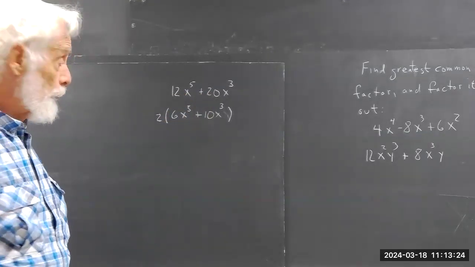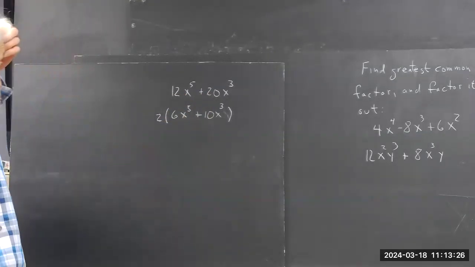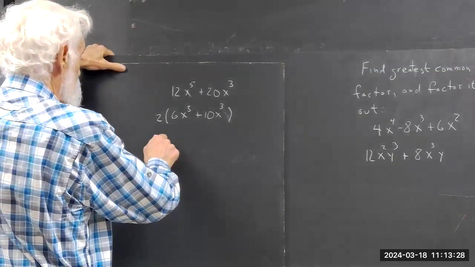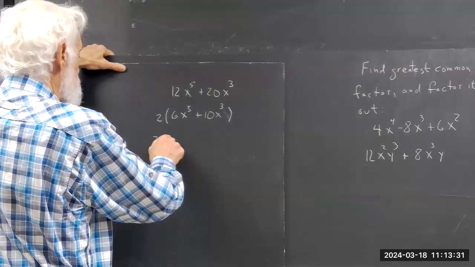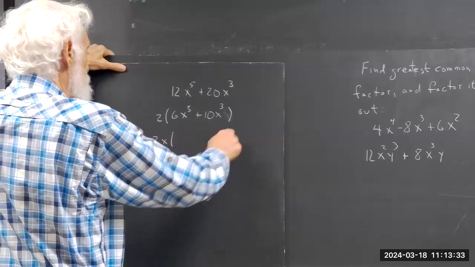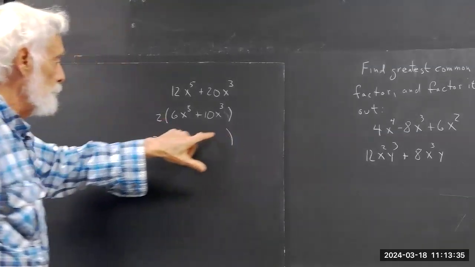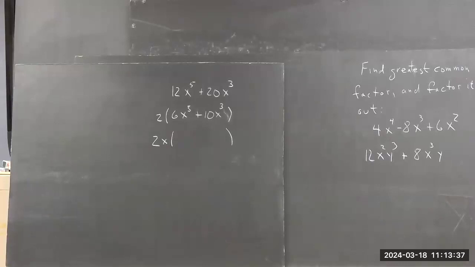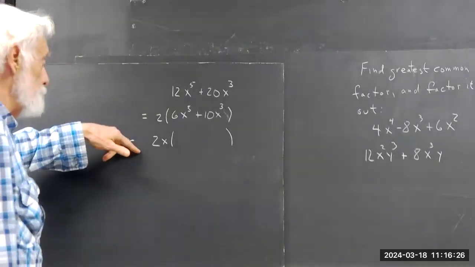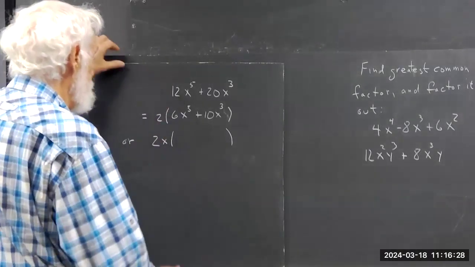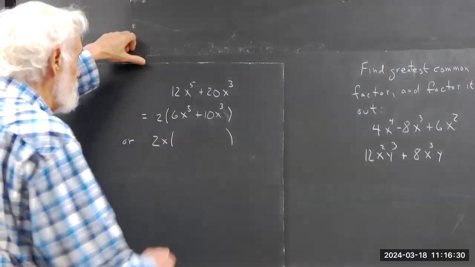Okay? Now, I could also factor out 2x. If I factor out 2x, what would go in here? Now it turns out we could write this as 2x times what?